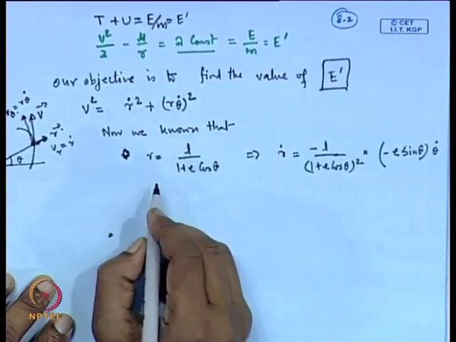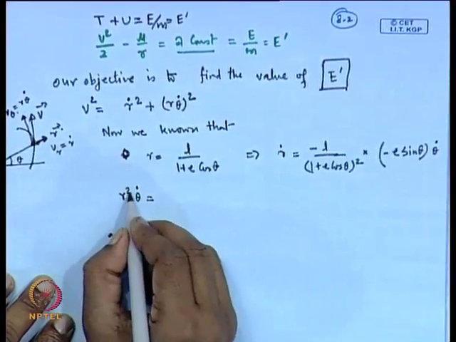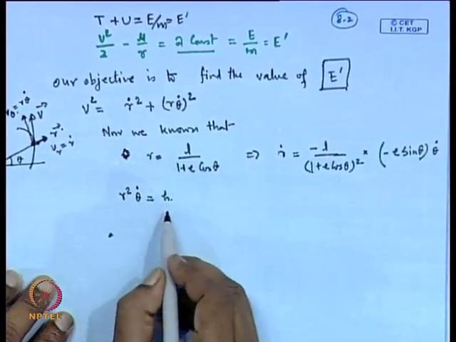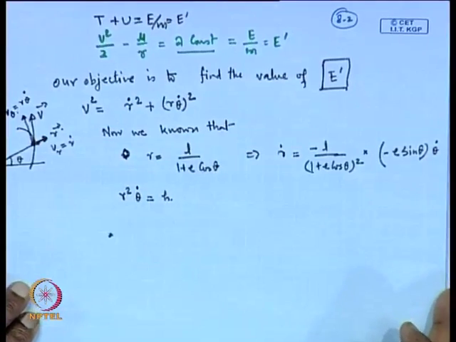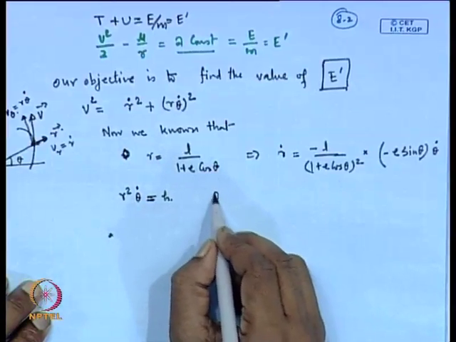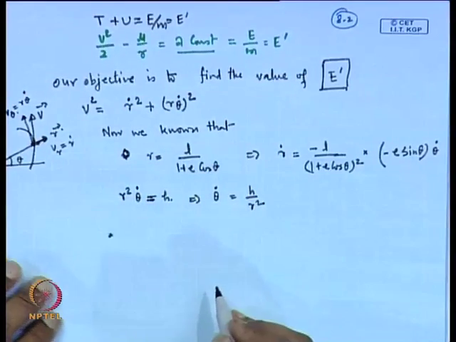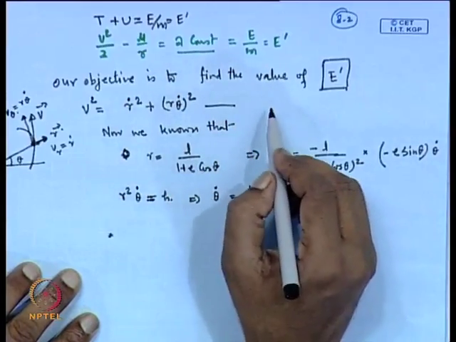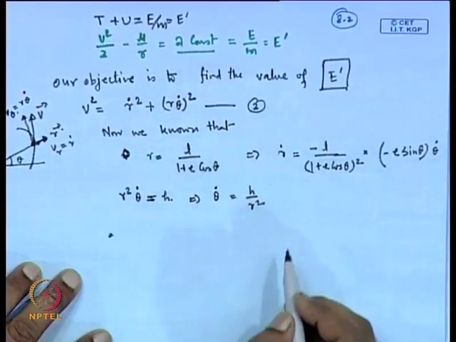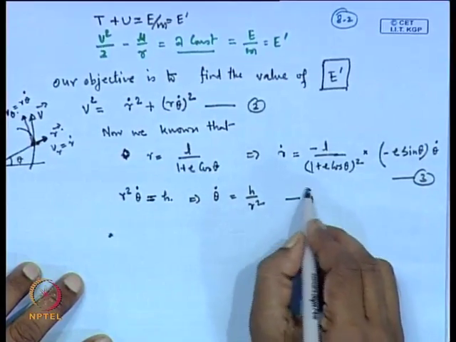And we know that r square times theta dot is equal to h, the angular momentum per unit mass. So, from here we get theta dot is equal to h by r square. This is our equation number 2, this is equation number 3, and this is 4.